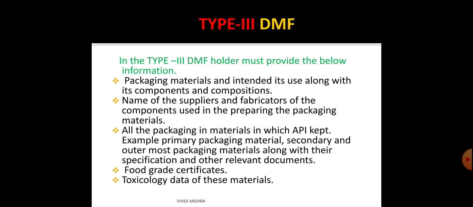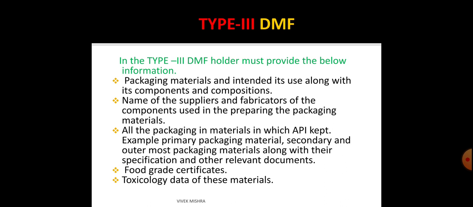Okay, first of all we'll understand type 3 DMF. Majorly we talk about the packaging of that active pharmaceutical ingredient, like how we package it. First of all we need specification and analytical procedure of each packaging material. The primary packaging material is the material which is in direct contact with that particular API.